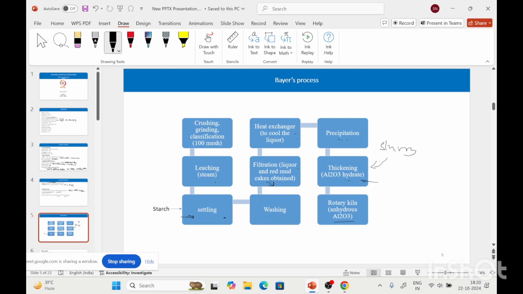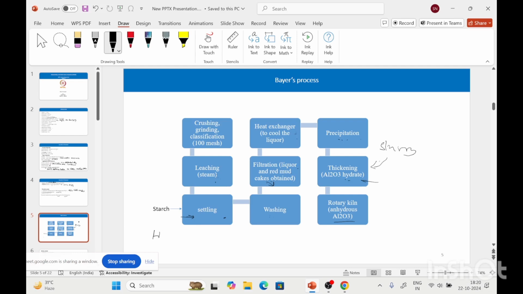cryolite is used for the dissociation of Al2O3.